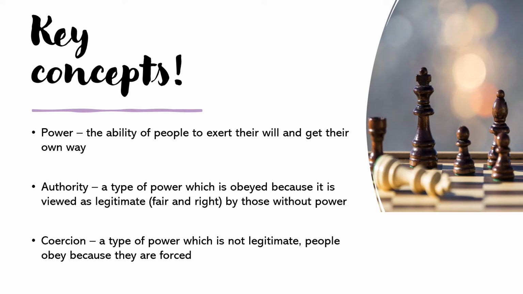Coercion is when a person is forced to do something that they don't necessarily want to do. It's not legitimate, but people feel they have no choice. People can be coerced if a person has power, but it's not legitimate, and the person without power feels they're being forced into doing something.